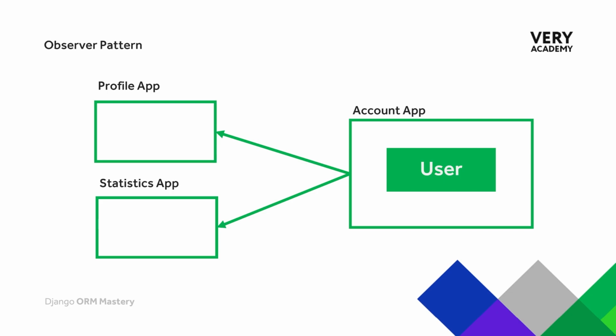And that's obviously saving data into the statistics app. So the account app wouldn't work correctly unless the statistic app exists.